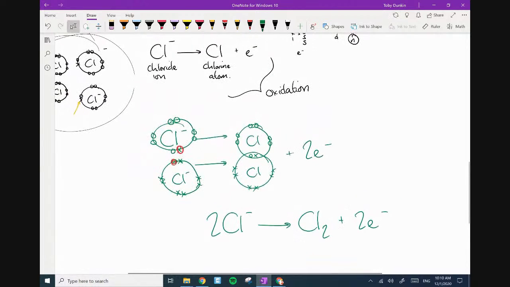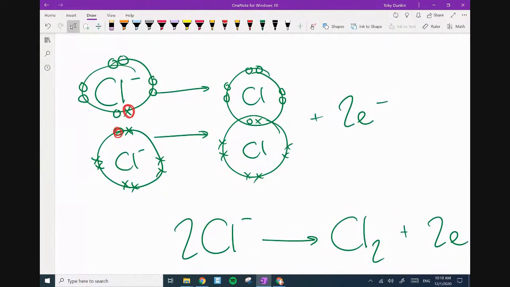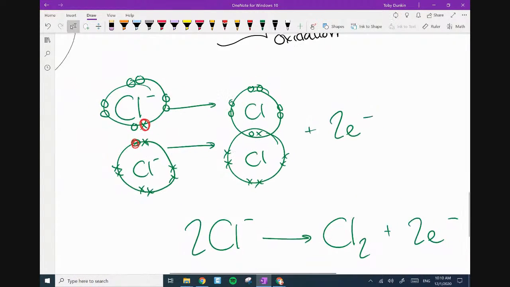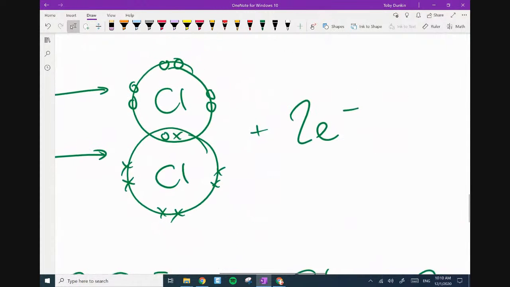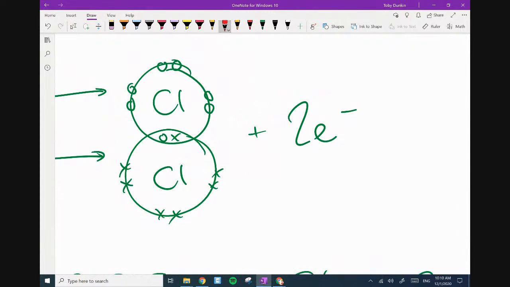They immediately pair up because they desperately want 8 electrons. By sharing, this chlorine atom here has 1, 2, 3, 4, 5, 6, 7, 8 electrons. It's happy.